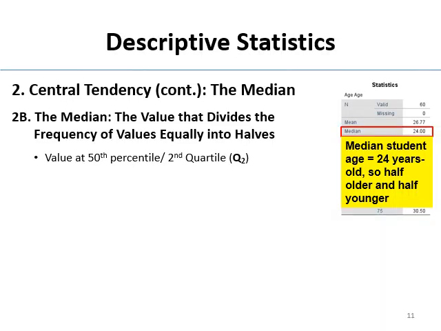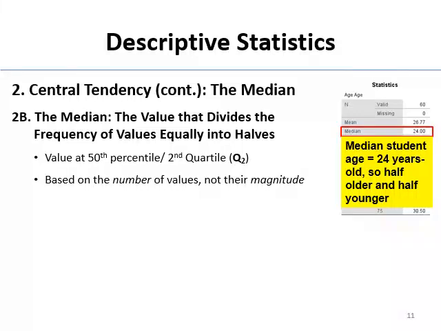It is the value that's at the 50th percentile, which is also sometimes called the second quartile, or Q2. And the median is based on the number of values, not their magnitude. So it does not take into account how different scores were, just how many scores there are. This is the score, in our example age, in the middle of the distribution.